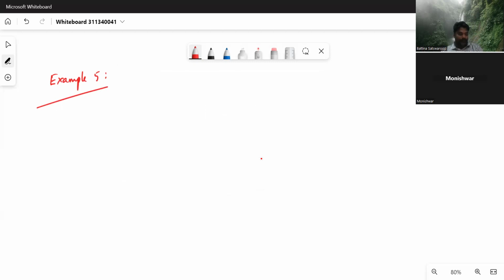Example number 5. They are asking us to show for which natural number 4 power n can end with 0. Or I can simply put it as, can 4 power n end with 0? This is not possible, sir. I will tell you why. If any number has to end with 0, its prime factorization should have 2 and 5.